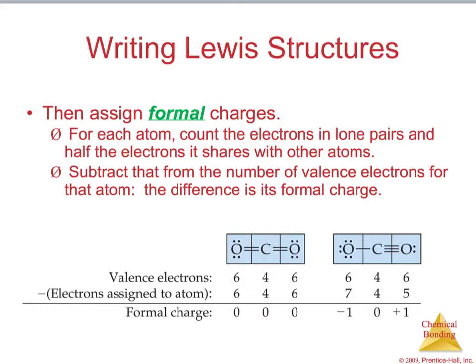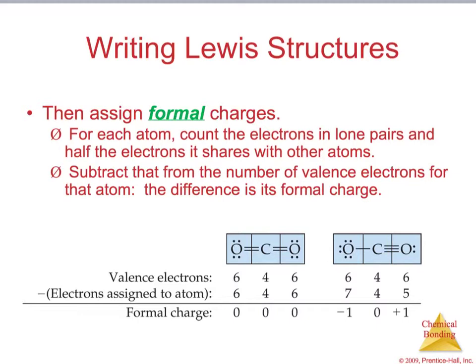The first thing we're going to do is count the electrons in the lone pairs and half the amount of electrons that are being shared. So if we look at the example right down here, we see that we have 6 valence electrons on oxygen, 4 on carbon, 6 on oxygen. Now, when we look at the electrons that are assigned to the atom, again, we're going to start out with our lone pairs.